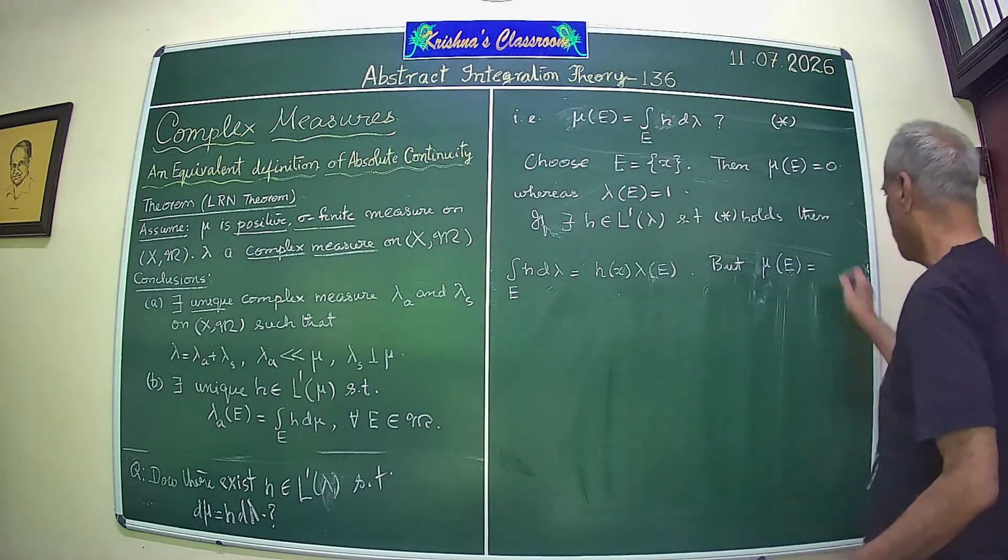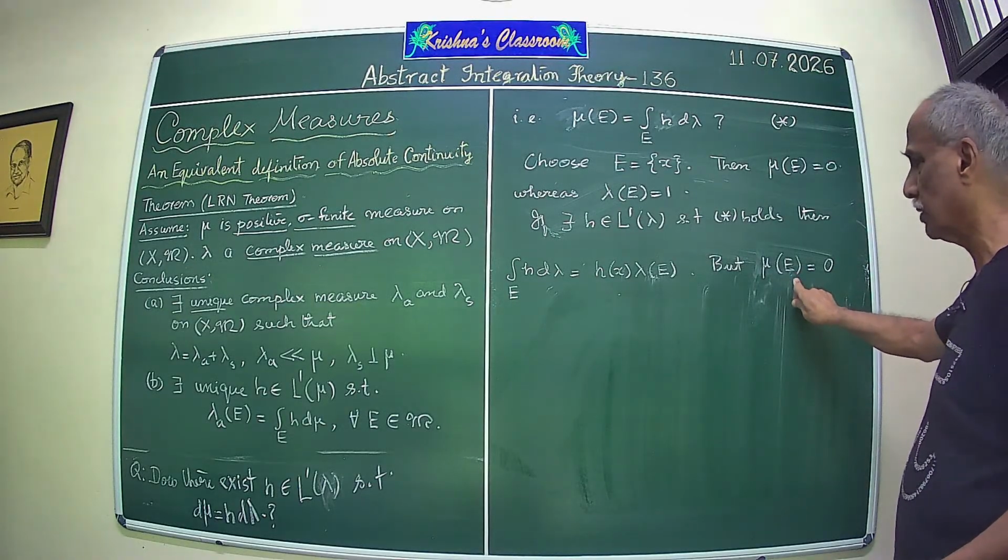Mu E equal to 0 because it is the Lebesgue measure of the singleton set.